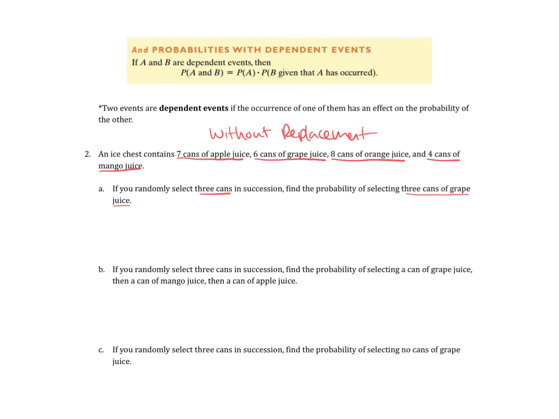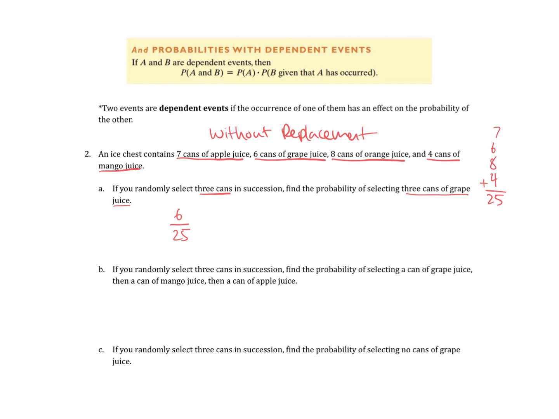So the first time I reach into this ice chest, the probability of selecting a can of grape juice would be, well, there are 6 cans of grape juice out of, if we add up the total number of cans of juice, 25 in all. So 6 out of 25 is the probability of selecting a can of grape juice.